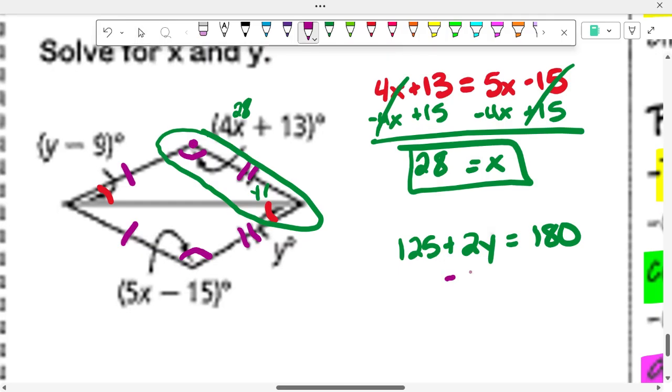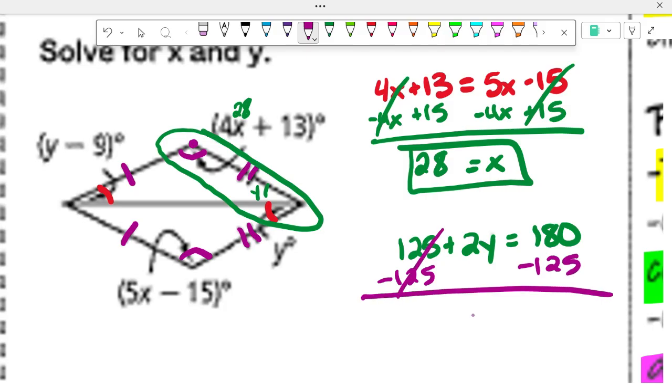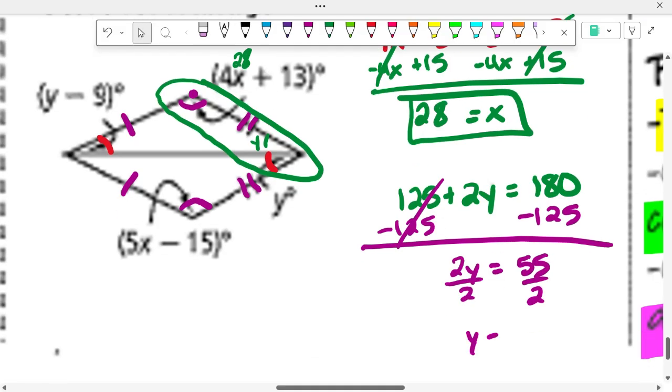So subtract the 125. What does that give me? 55 divided by 2. Y is equal to 55 and a half.